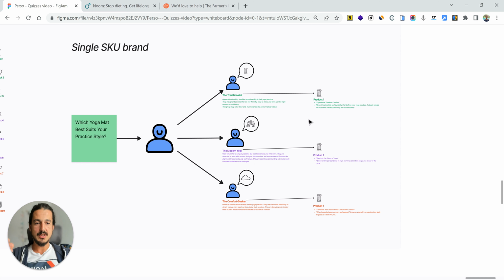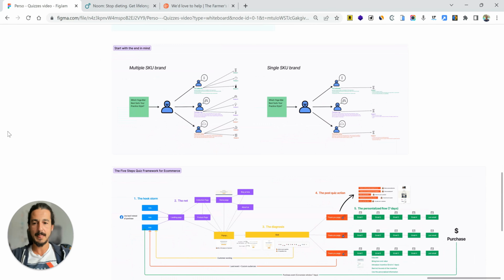Then the marketing message, the angle, the hook, the way you will educate people will be different depending on these answers and depending on the category the customer is in. But the product itself could also be the same, just the way to address the customer would be different.